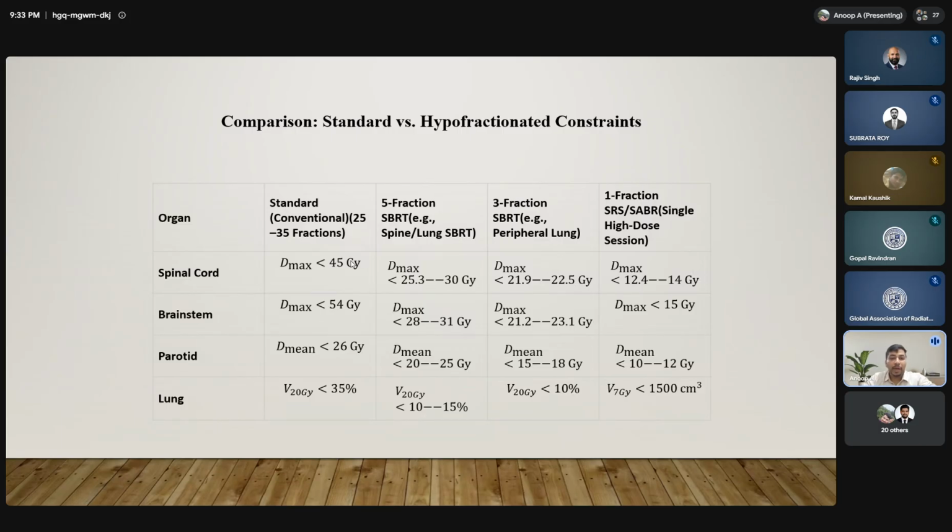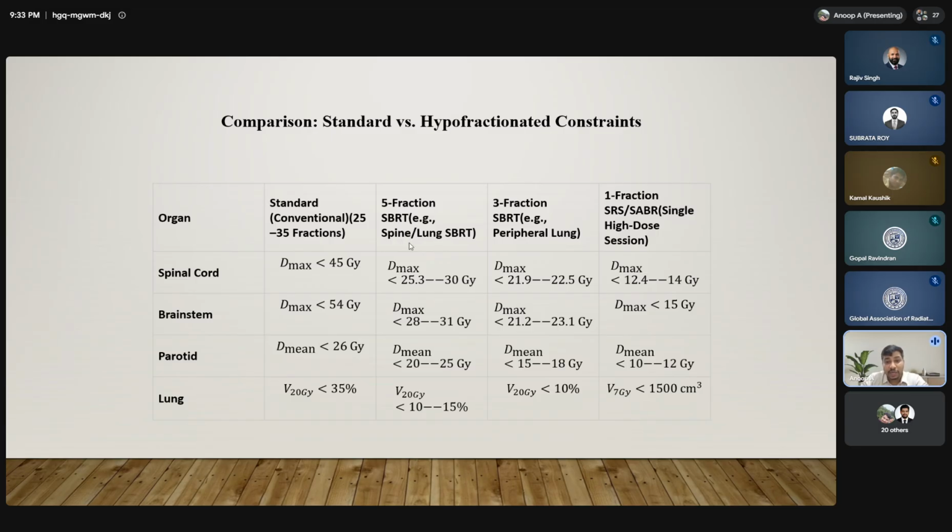In this slide, we will discuss the comparison of standard and hypofractionated constraints in organs. Spinal cord: with standard fractionation, Dmax is below 45 gray. In 5 fraction SBRT, Dmax is 25.3 to 30 gray. In 3 fraction SBRT, it is 21.9 to 22.5 gray.